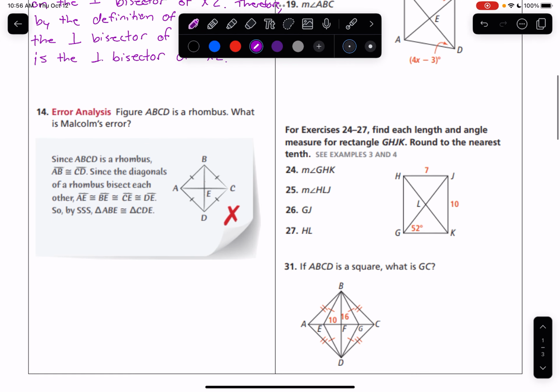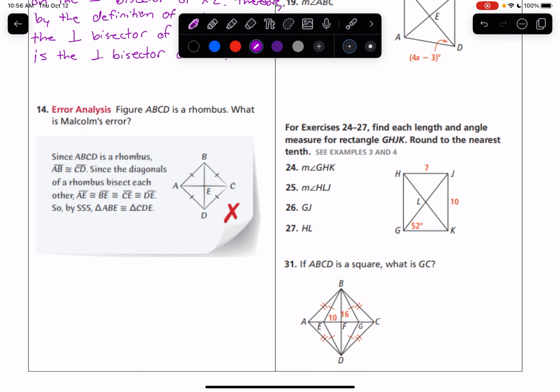Number 14, figure ABCD is a rhombus. What is Malcolm's error? So since ABCD is a rhombus, AB is congruent to CD, we know that. Since the diagonals of a rhombus bisect one another, then Malcolm says AE is congruent to BE, is congruent to CE, is congruent to DE.